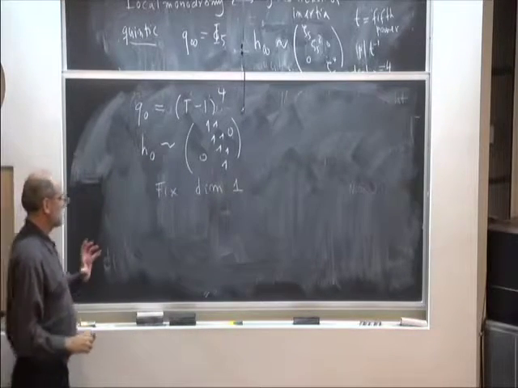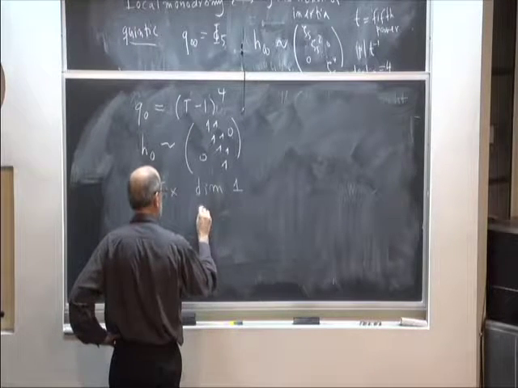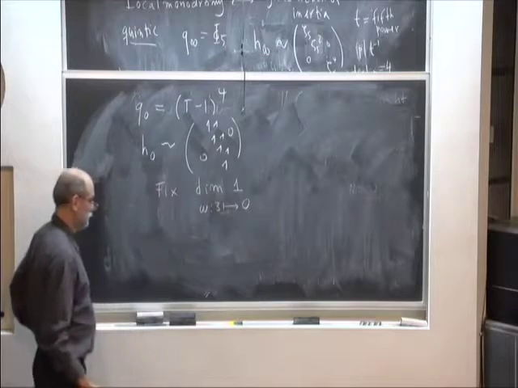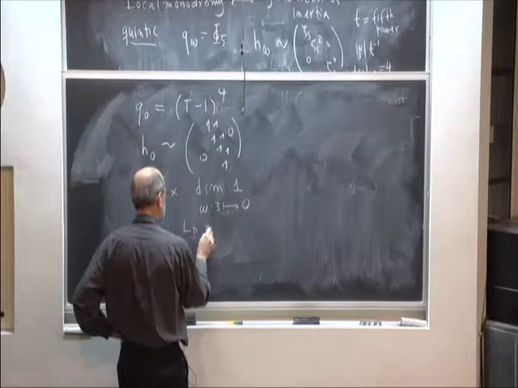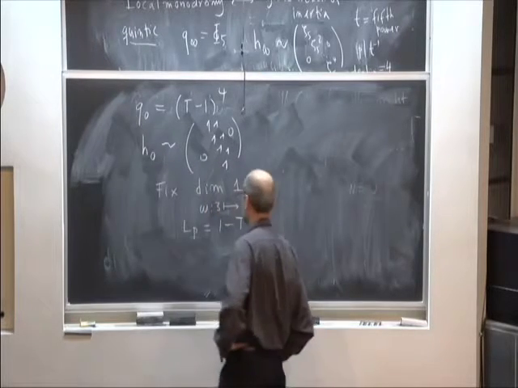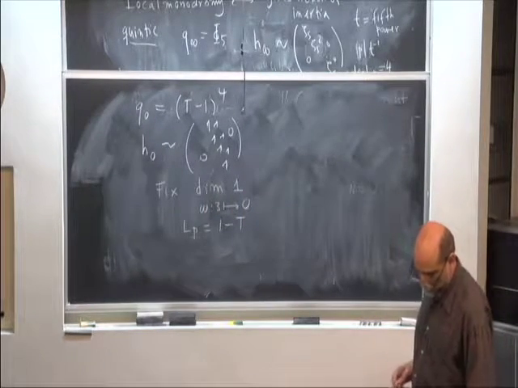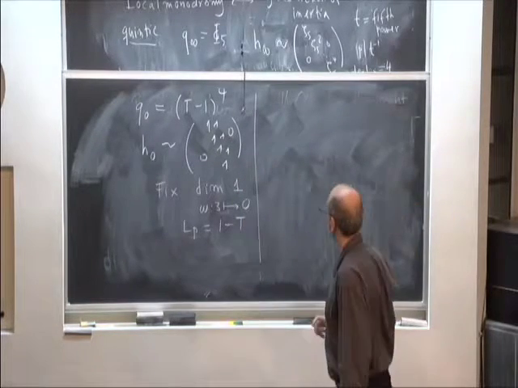And because it's one Jordan block of size 4, it should reduce the weight from 3 to 0. And so here the Euler factor then is just 1 minus t. And again, this seems to be the case in practice.